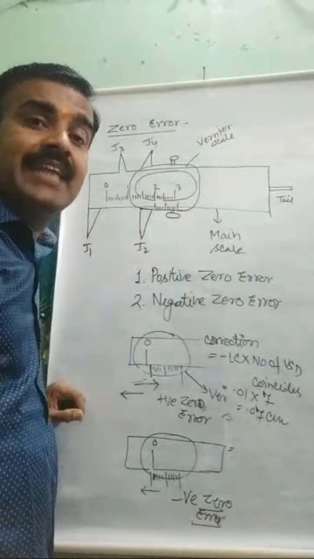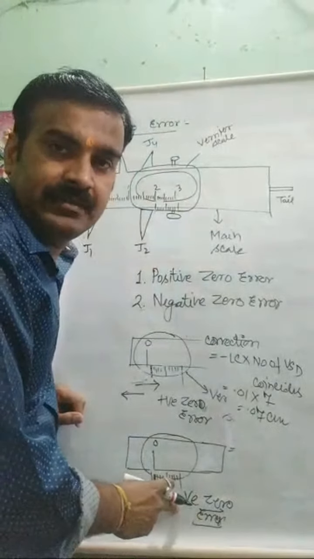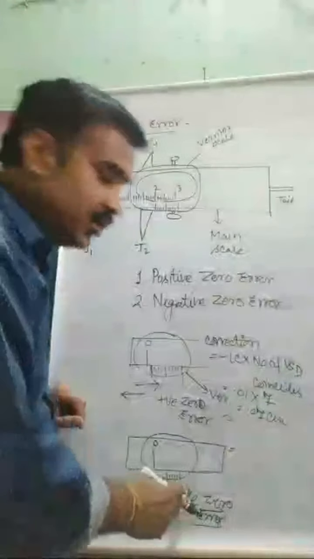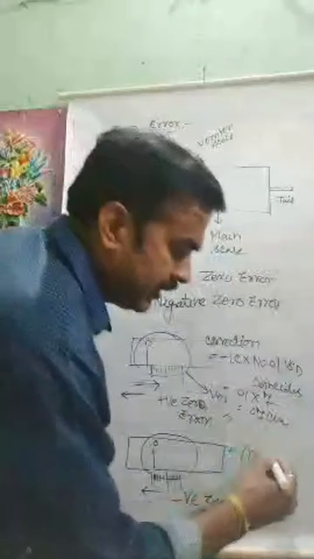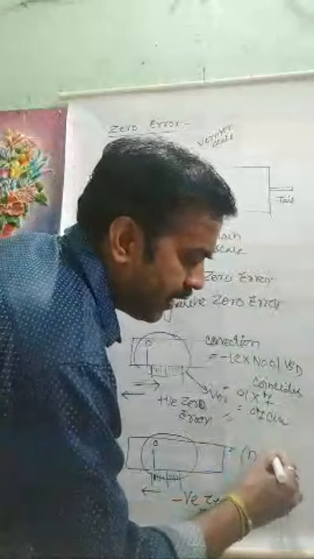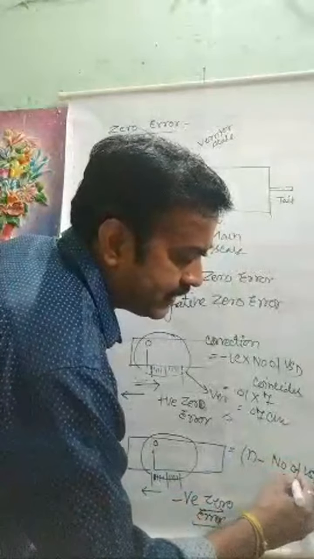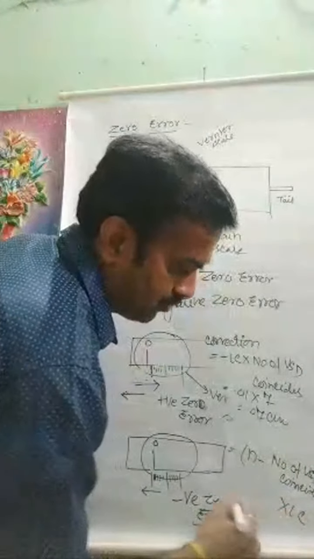Now if we want to calculate the negative zero error, the negative zero error equals N minus the number of Vernier scale divisions that coincide, multiplied by the least count.